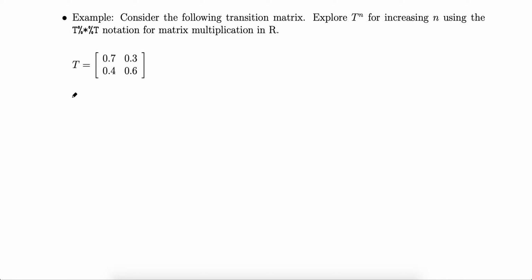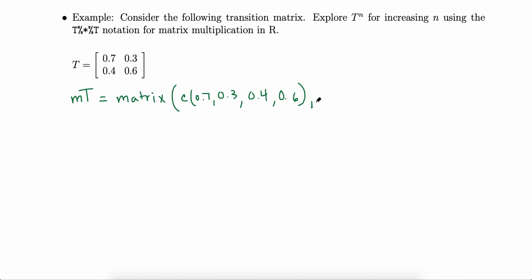So the first thing, to define this transition matrix in R, I'm just going to call it MT, matrix T. Be careful of using lowercase t because that's a function in R for transpose. I'll call it matrix T, and I'm going to use the function matrix. The first input is the elements of your matrix. So I'm going to give 0.7, 0.3, 0.4, and 0.6.